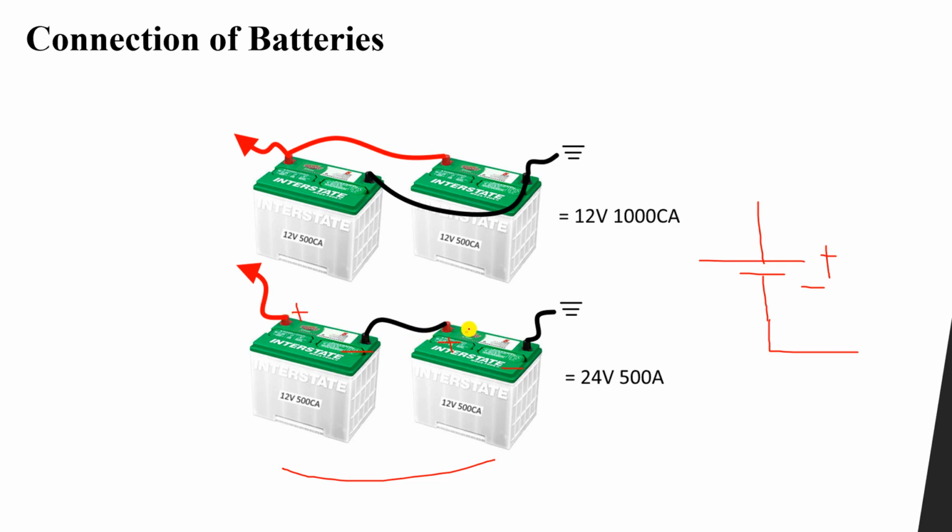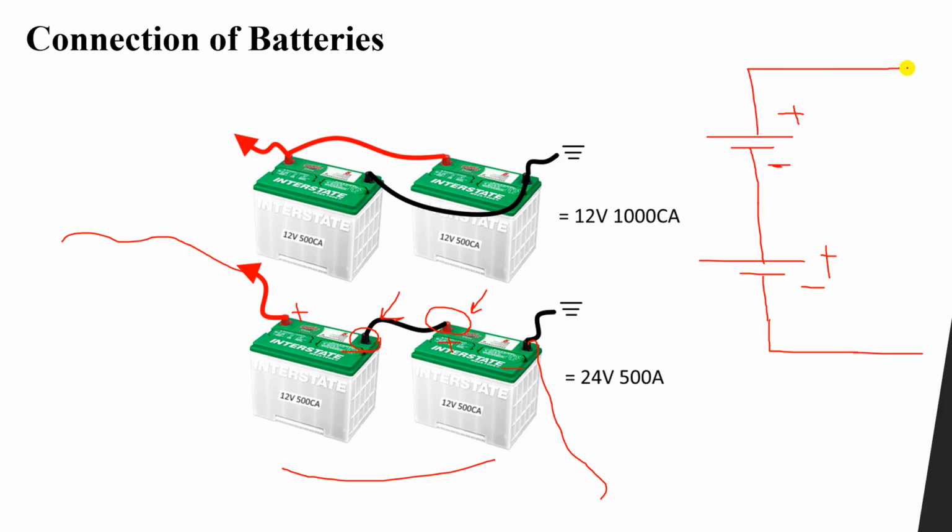You can see that the positive is connected to the negative. If we add another battery like this, negative and positive, you can see positive connected with negative. The final positive terminal and the final negative terminal are going to the load like this.